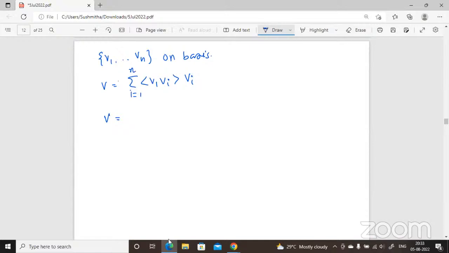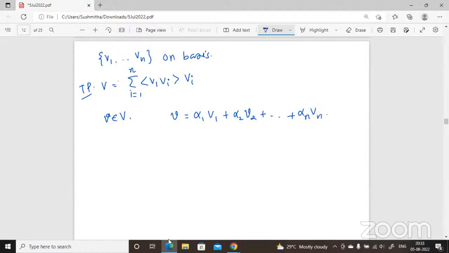Okay, so Ayush, now tell me, this is what I want to prove. What can you tell about v in V? What is the next step you can do? Maybe I will write it in the form of alpha 1, that linear combination type of thing: alpha 1 v1 plus alpha 2 v2.